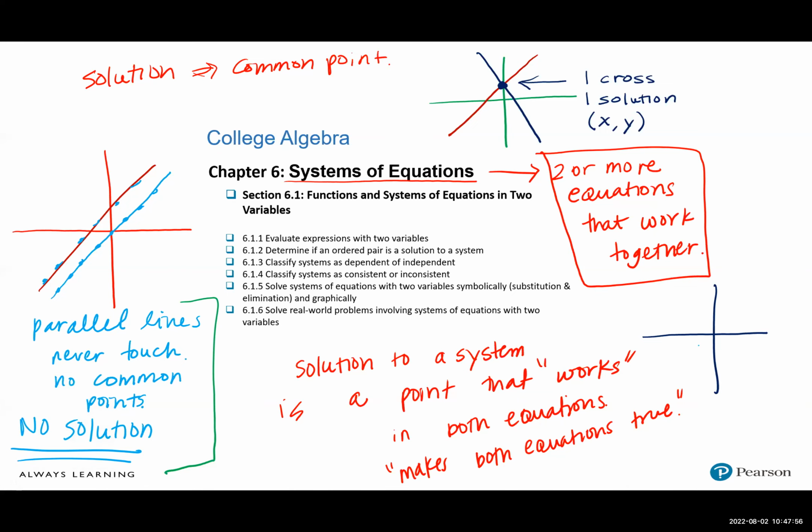It doesn't matter if it's through the origin, it totally could be. Let's say you got a line like that, and the other one comes right on top of it. How many times do they touch? Infinitely. They touch all the time. That's infinite.